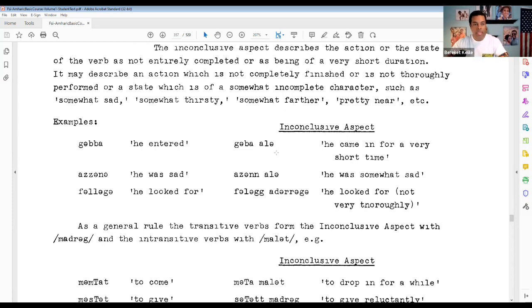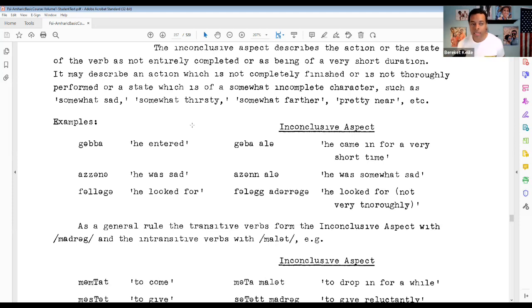That's what the term inconclusive aspect is getting at. It's not a final, complete, thoroughly done action. Gaba, for example, he entered, versus Gaba'ala, he came in for a very short time.